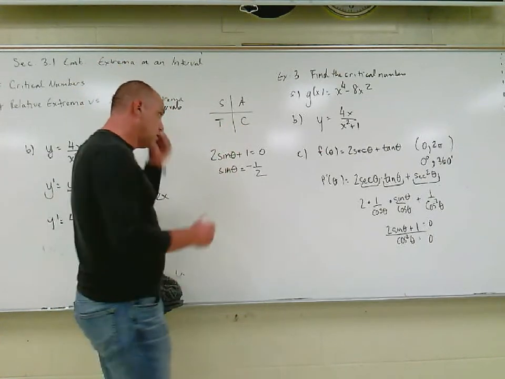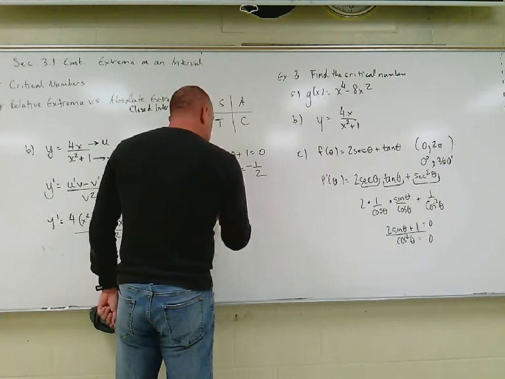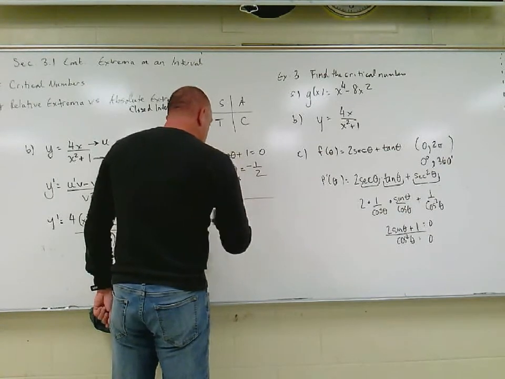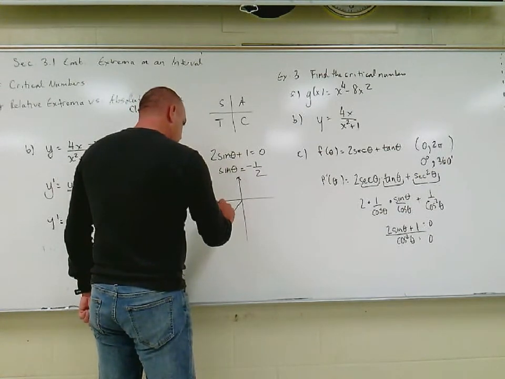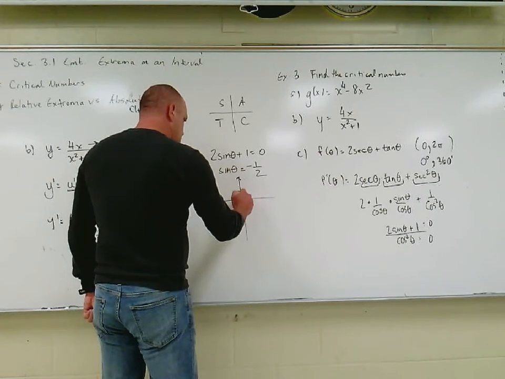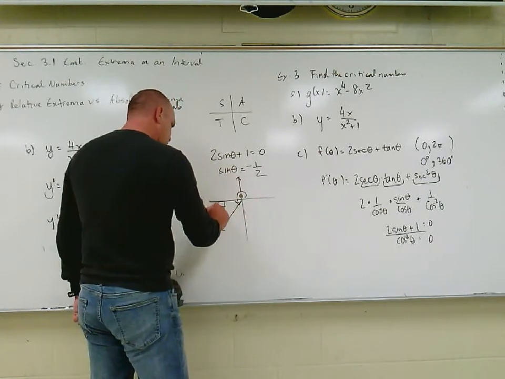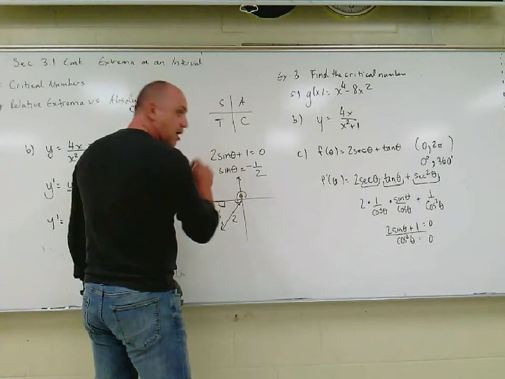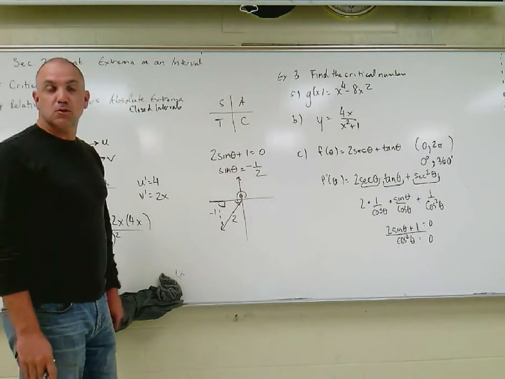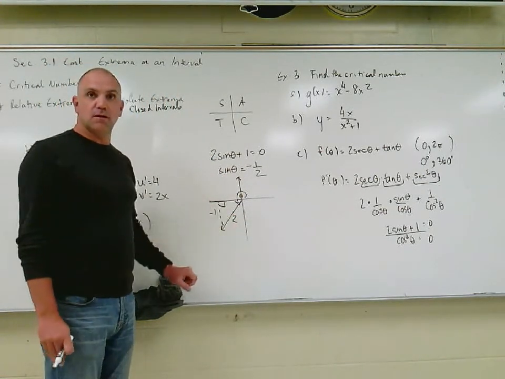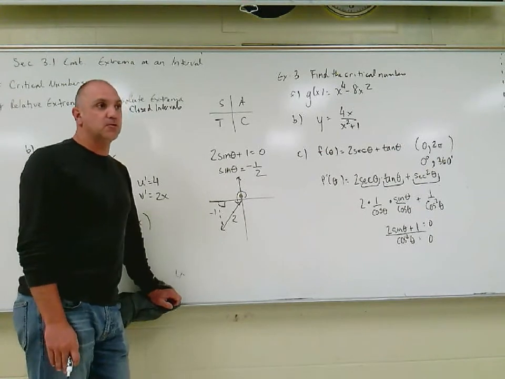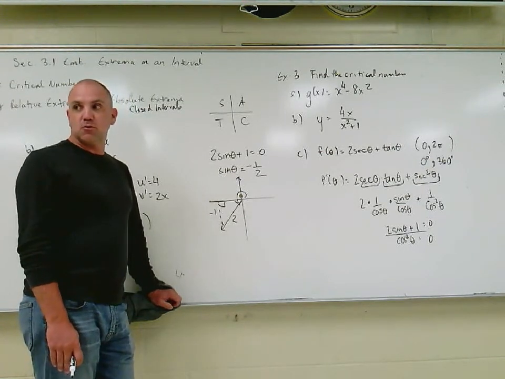This is where I think I gave you a recipe for this. You draw the angle, you drop a perpendicular, there's your angle. You label the sides, so -1 is the opposite, 2 is the hypotenuse. What type of triangle has 1 and 2 on it? I'm asking for angles. This is one of your special triangles.